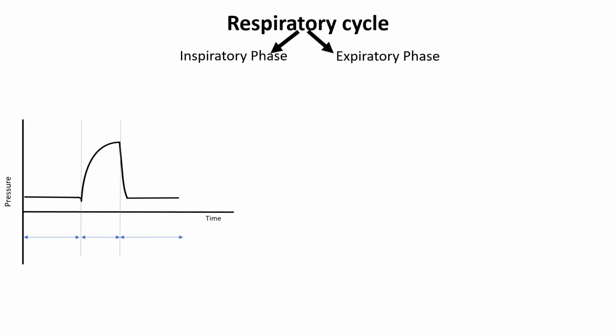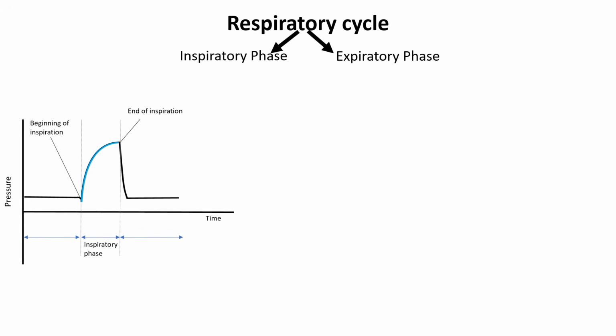In mechanical ventilation, a respiratory cycle refers to one complete cycle of breathing delivered by the ventilator, consisting of inspiratory and expiratory phases. Let's illustrate this on a pressure time waveform. During the inspiration phase, the ventilator delivers a set volume or pressure of air into the lungs.